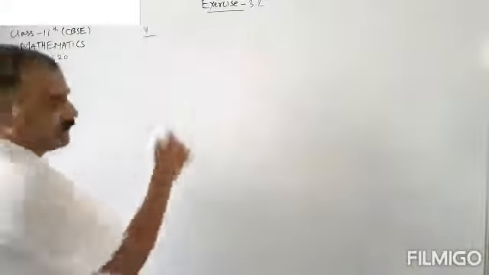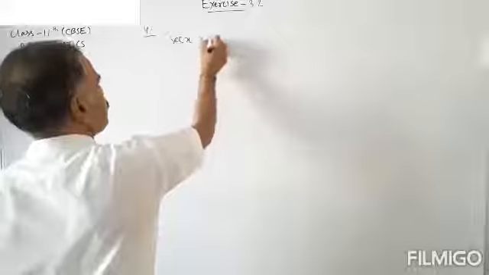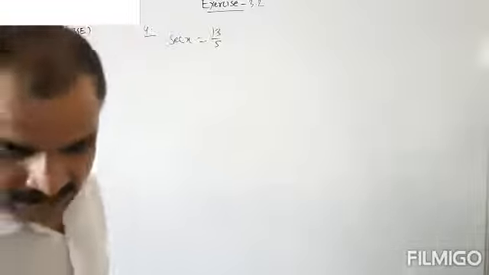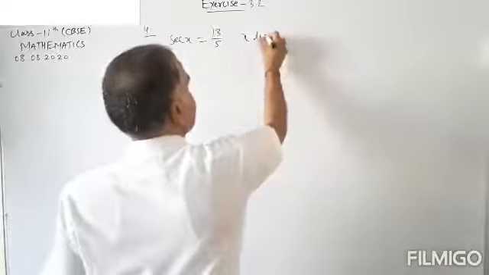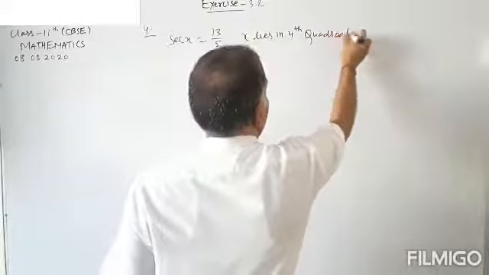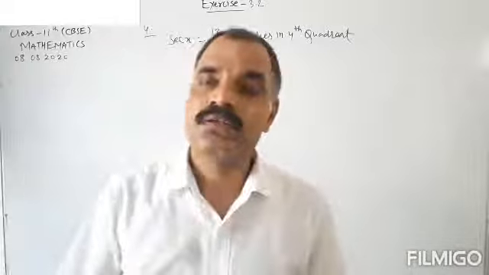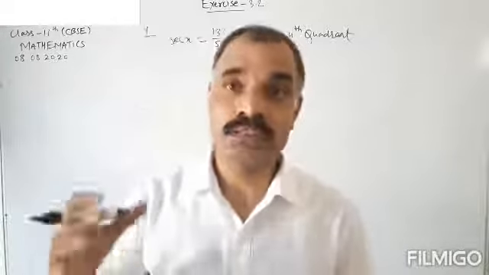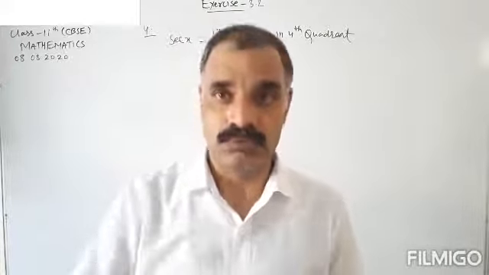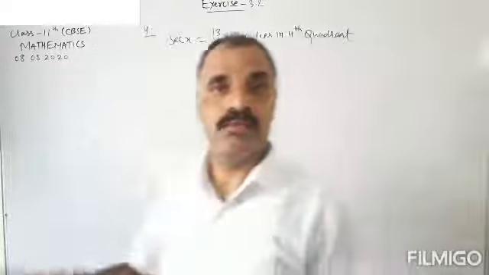Sec x equals 13 upon 5, and x lies in the fourth quadrant. This is the condition to see which sign will be in front of the trigonometric ratio. This condition represents the sign of the trigonometric ratio.